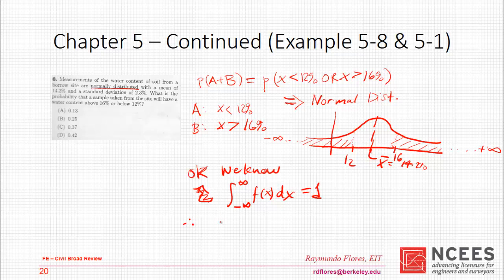Therefore, we could just say P of x less than 12% or x greater than 16% is going to be 1 minus P of x being between 12 and 16%, right?